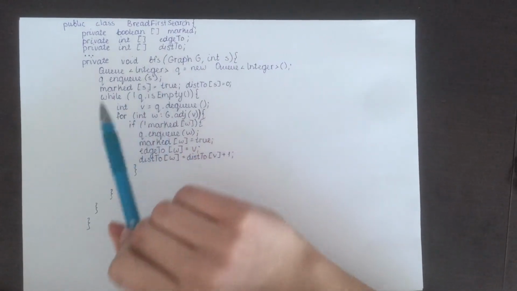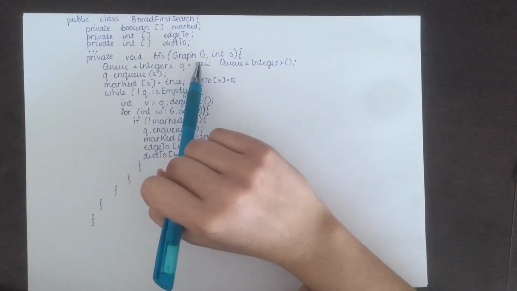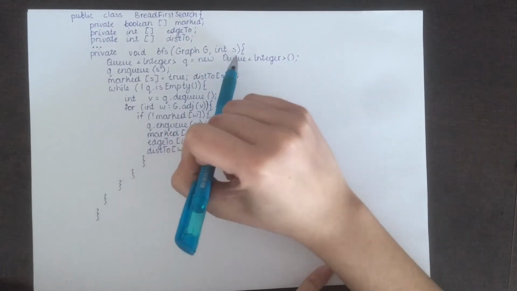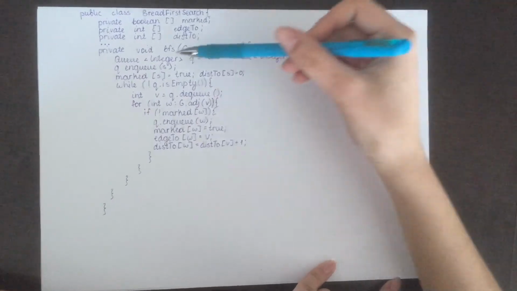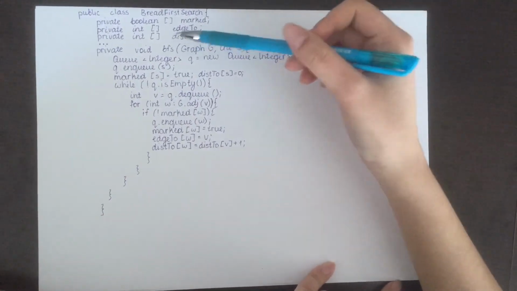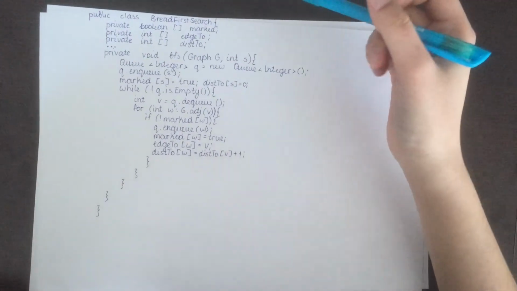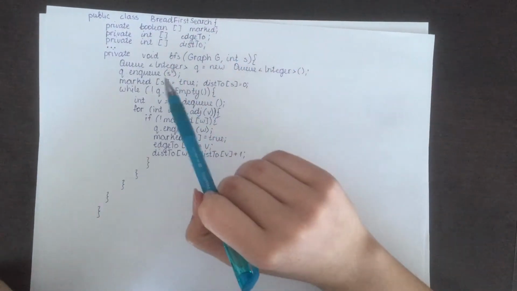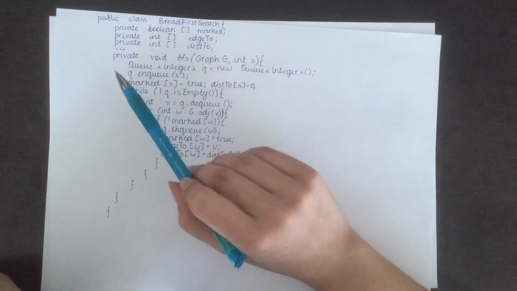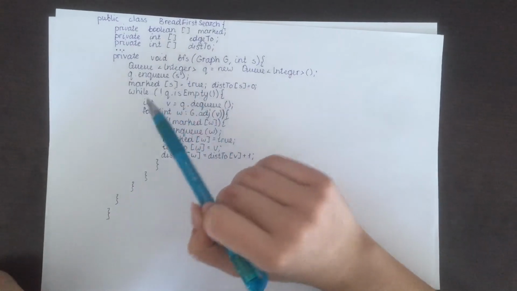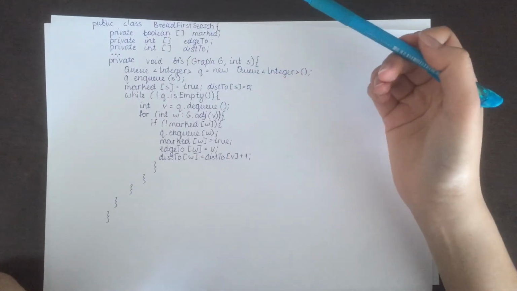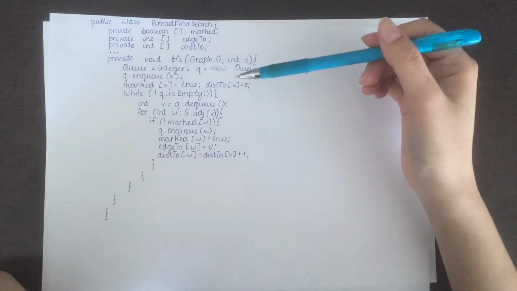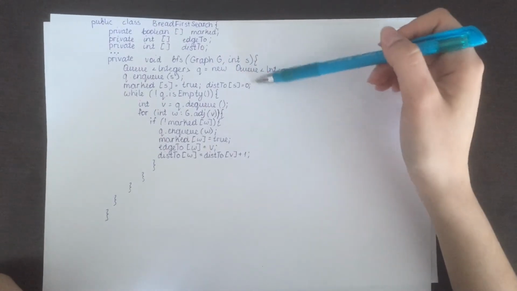Here we have a method BFS which takes graph G and integer source. We initiate a queue filled with integers, and as I told before, firstly we enqueue the source to our queue, and we set that it's marked, like we visited it, and distance to s is 0.